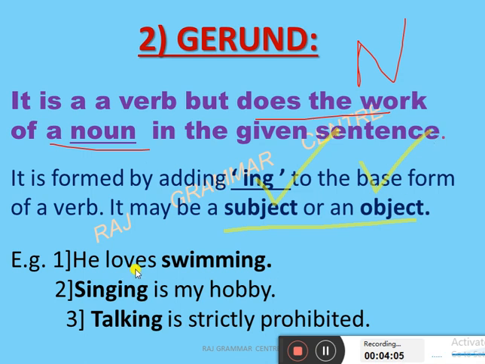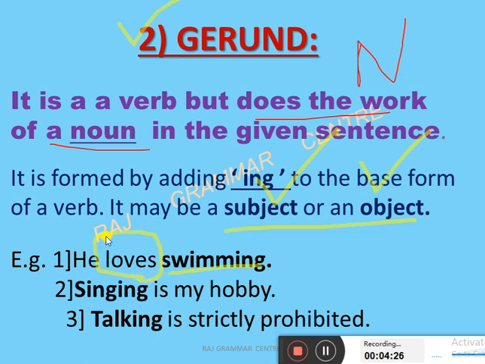Now come to the examples. He loves swimming. It is also a secondary verb. If you have seen my previous video, I already clarified that all non-finite verbs are secondary verbs. Here, loves is the main verb. It is the finite verb.